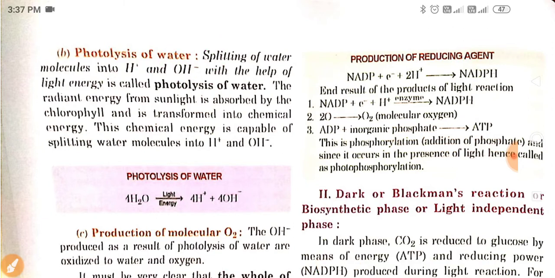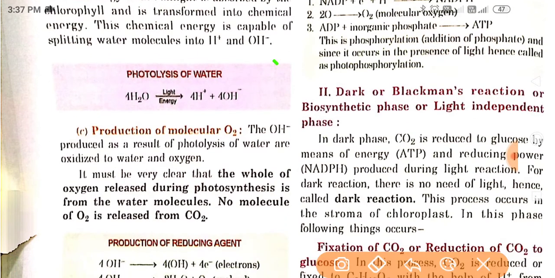So splitting of water with the help of light energy is called photolysis of water. The radiant energy from sunlight is absorbed by the chlorophyll and is transformed into chemical energy. This chemical energy is capable of splitting water into H ion and OH minus. So you can see this is the equation of photolysis of water.